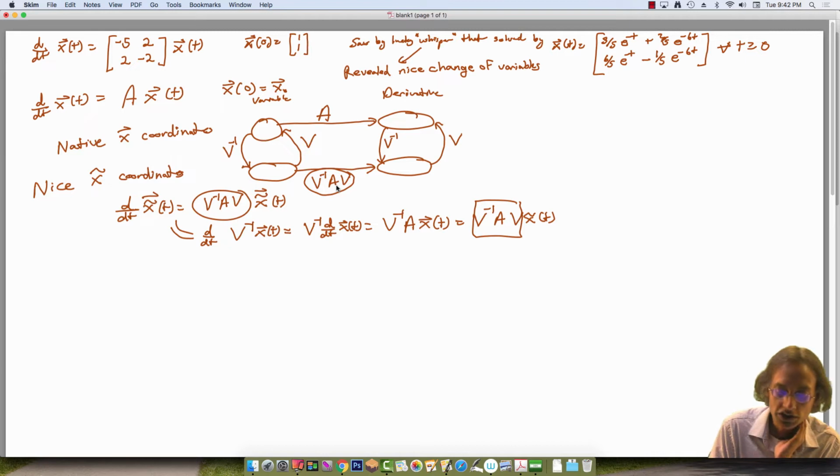So if you want to go from here to here, one way is to first go up by V. So take whatever you have, multiply by V, then multiply that by A, then multiply that by V inverse. So we write this as V, A, V inverse, just because of the way that we compose matrix multiplication. So saying this is V inverse AV is the same as saying to go from here to here, we can go V, A, V inverse.